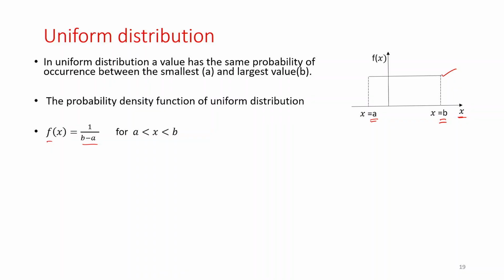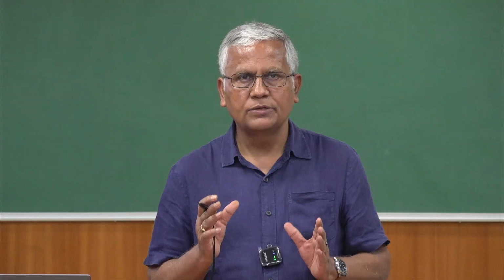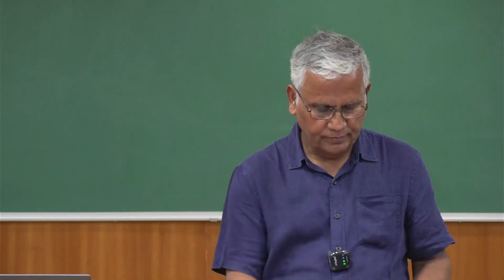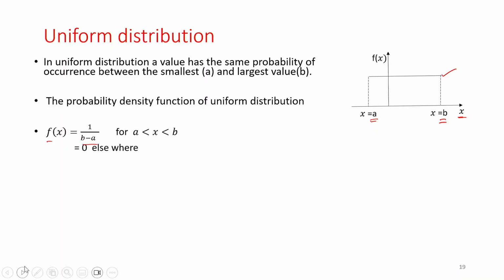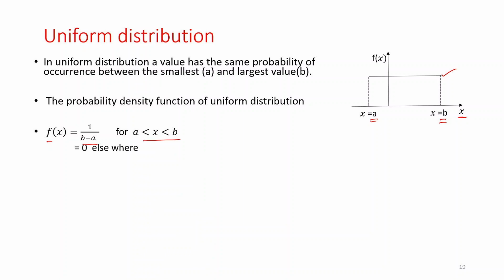So 1 upon b minus a is the PDF, that is probability density function. So it is 1 upon b minus a, while x varies from a to b, that is the domain. Outside that domain, the value is 0. So it is from here to there.